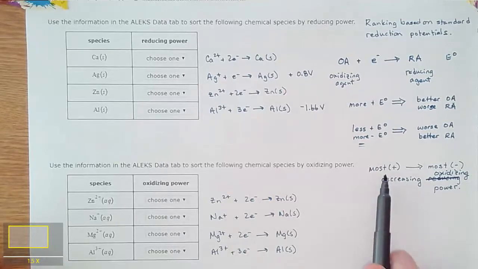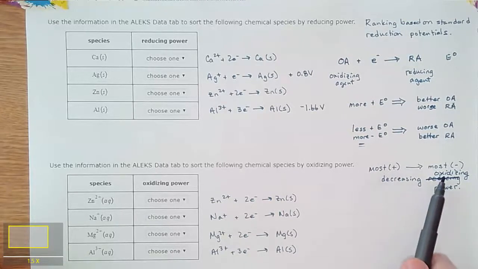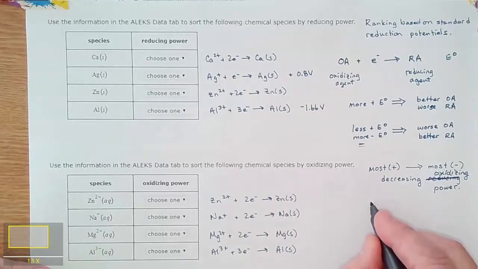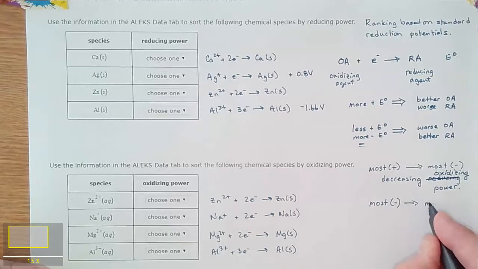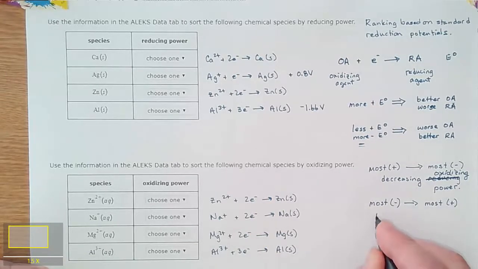So the most positive E0 values will have the best oxidizing agents. The most negative will have the worst oxidizing agents. If we rank our reactions from most negative E0 to most positive, then that is in order of decreasing reducing power.